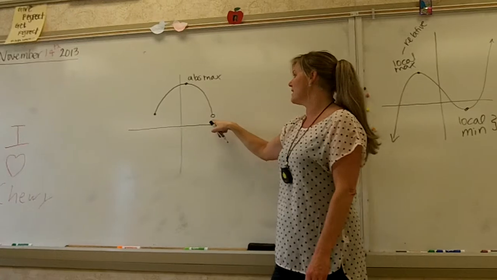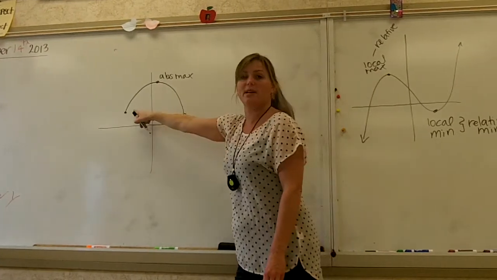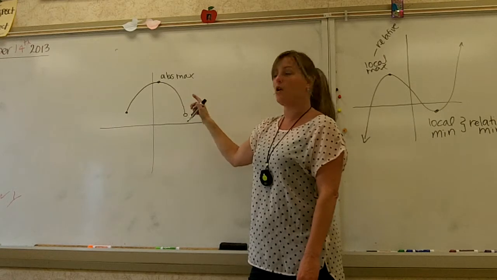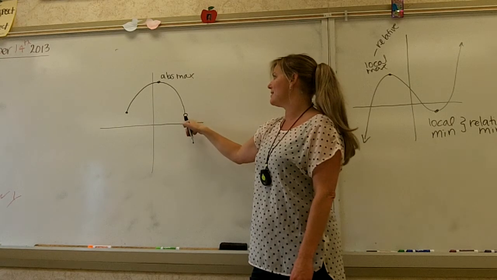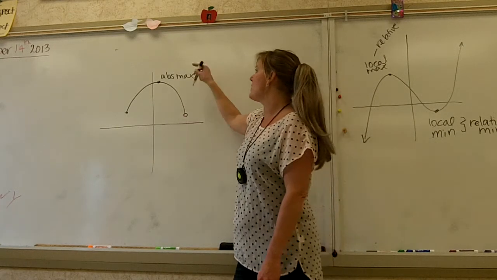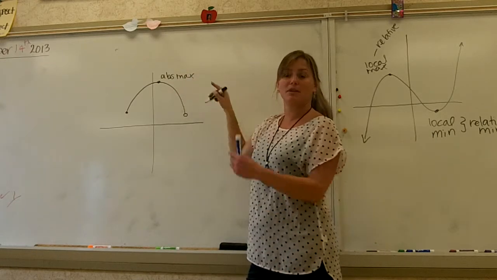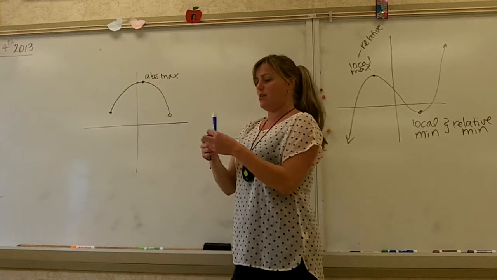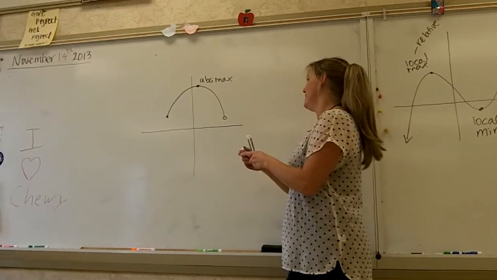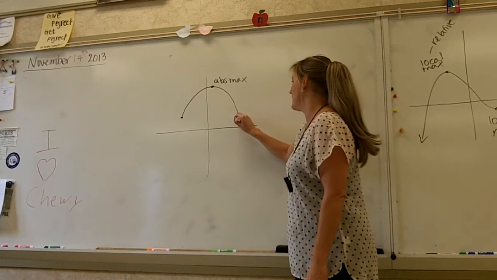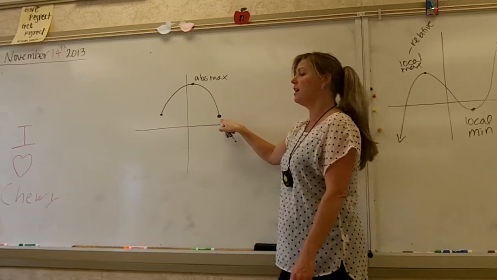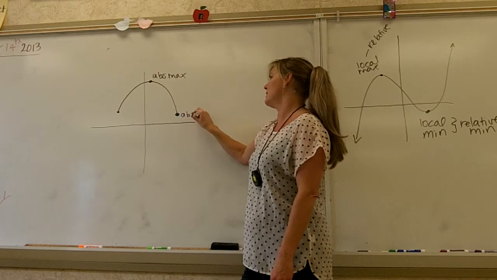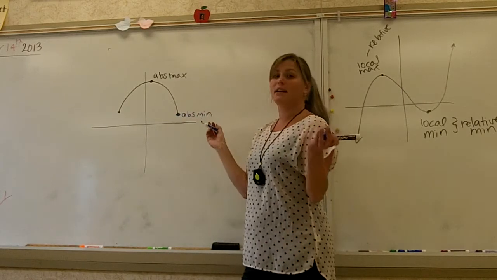But this down here, even though it's below this point over here, I can't say that this is the absolute minimum because it's on an open interval. It never actually gets to this point right here. So we only get the absolute max because we're not on a closed interval. We're not guaranteed to have an absolute min. But if I said, now this is really a point, then you would say, okay, great. Now you're on a closed interval, so you get the absolute min as well. Very exciting.